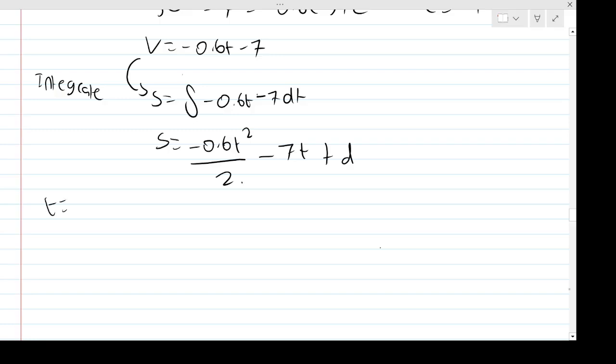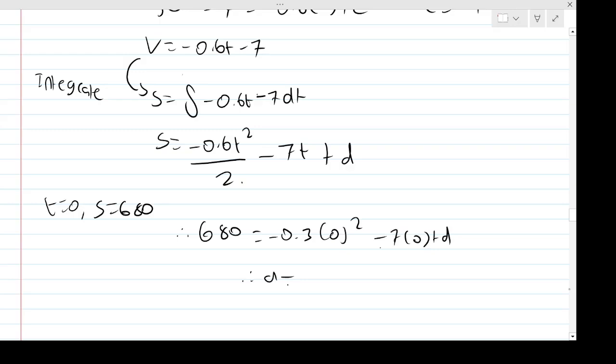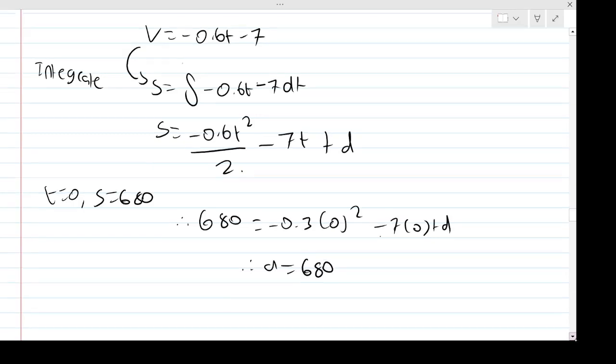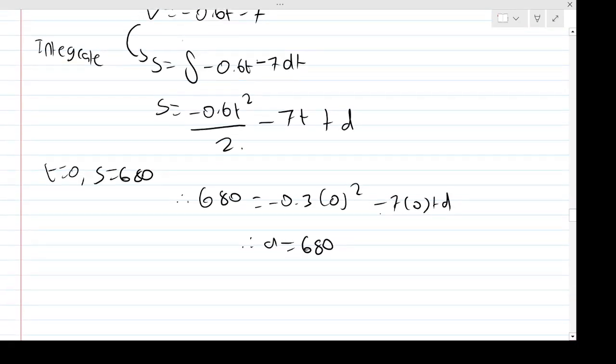So that means when t is 0, S is 680. So if we sub that in, 680 is going to be, well, we can simplify this fraction. That would be minus 0.3 t squared, well, t squared is 0 squared, minus 7 lots of 0 add d, therefore d is 680. And so therefore we've got our full equation for displacement here, which is minus 0.3t squared minus 7t add d, so add 680.